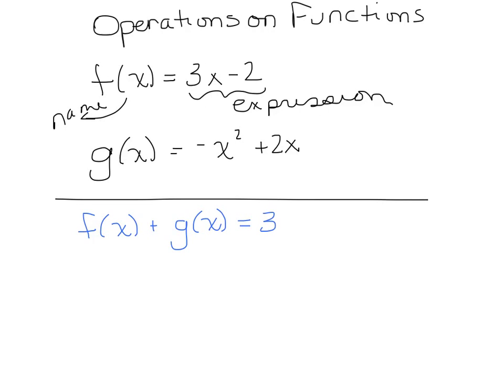F of x is 3x minus 2, and I'm going to add to that g of x, which is negative x squared plus 2x. And then it's a simple matter of simplifying, making sure everything's in a nice standard form. A standard form would be in decreasing order of the exponent, so let's do the x squared first, plus 5x minus 2. So very simple to add.